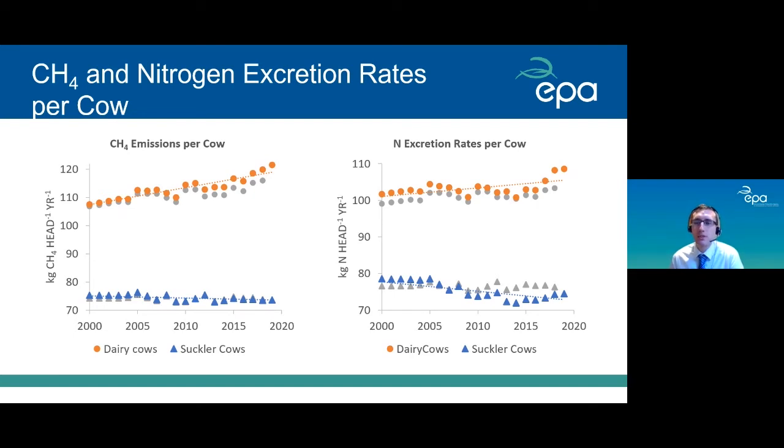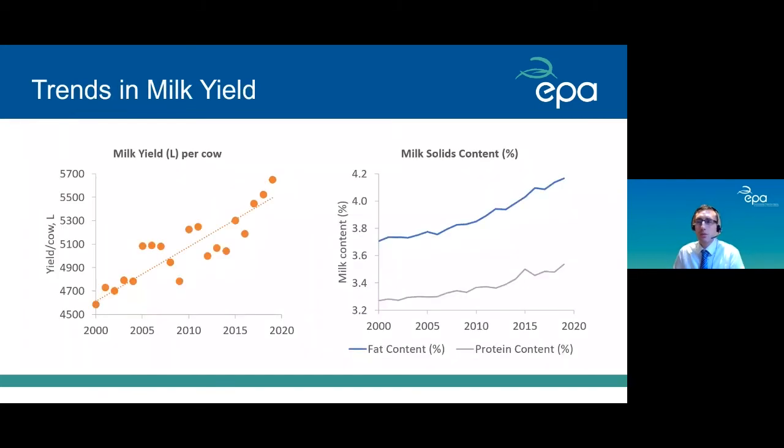So we're able to capture the reduced nitrogen output from suckler cows, whereas for dairy cows, numbers continue to increase on a per cow basis, but this is related to the increased output of milk per cow, which I'll discuss further, and which counteracts the efficiency gains that we're seeing generally.